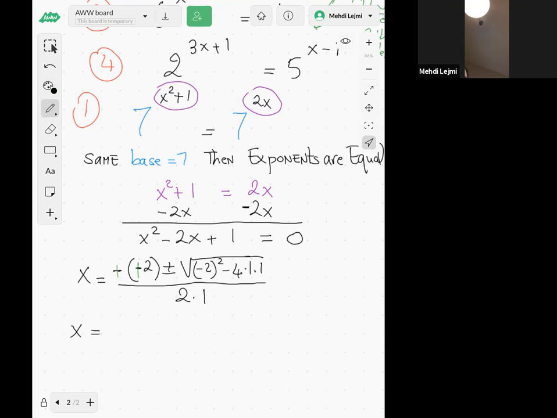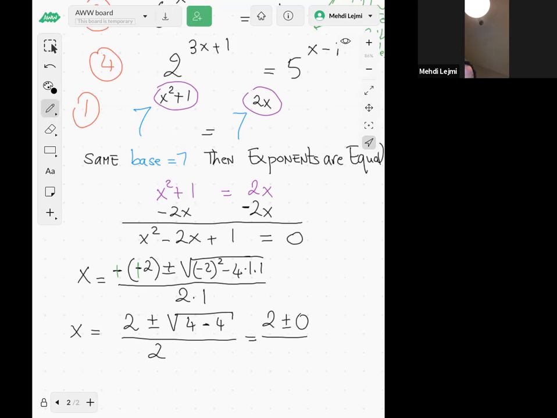So that's plus 2, plus or minus. Under the square root, we have -2 squared, that's -2 times -2, which is positive 4, and minus 4 times 1 times 1 is just 4. So 4 minus 4 is 0, and the square root of 0 is just 0.